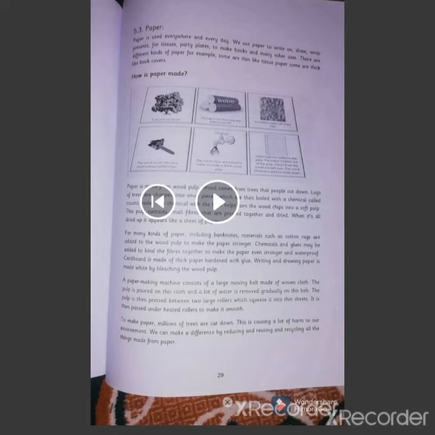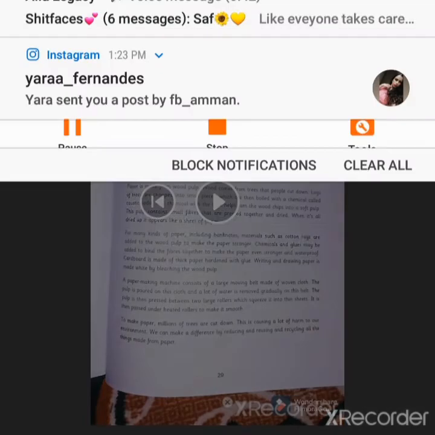The pulp is poured on this cloth, and a lot of water is removed gradually on this belt. The pulp is then pressed between two large rolls which squeeze it into thin sheets. This then passes under heated rollers to make it smooth.